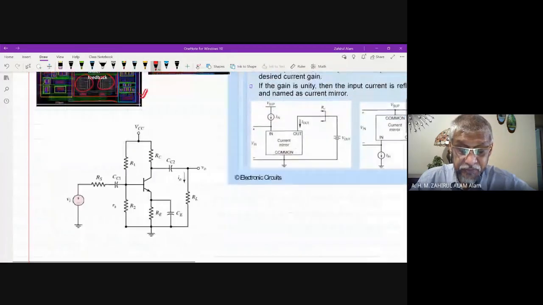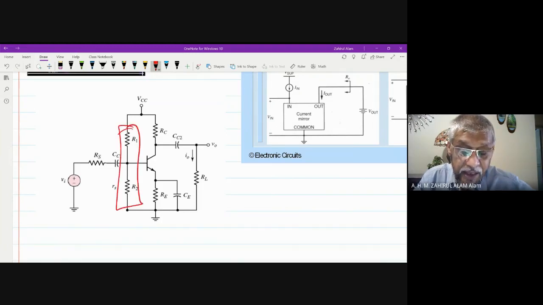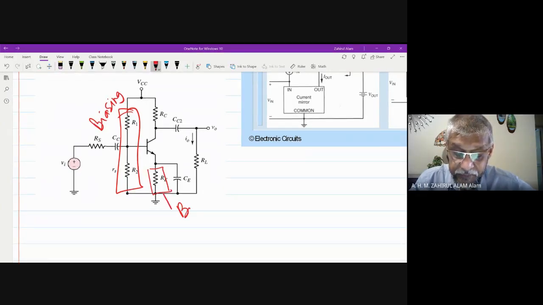So last time we studied this circuit, and in this circuit R1 and R2 are biasing elements, and this one is for bias stability.